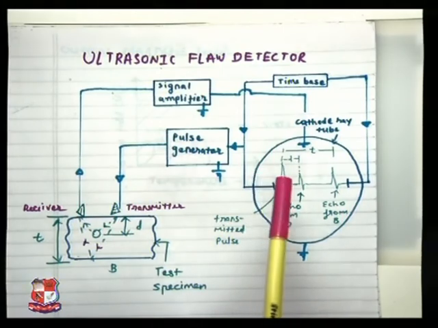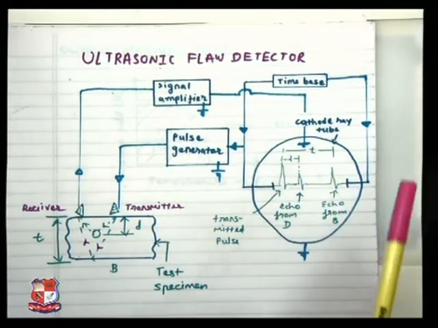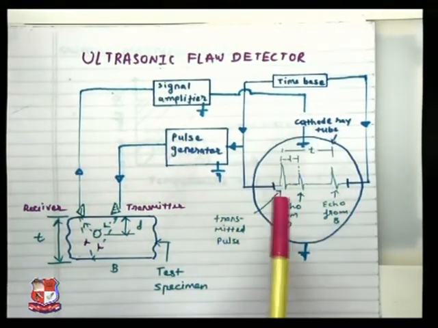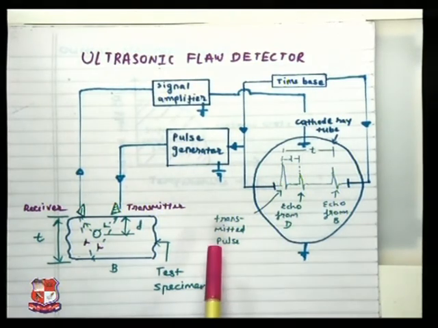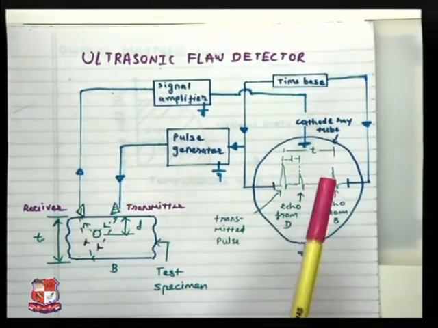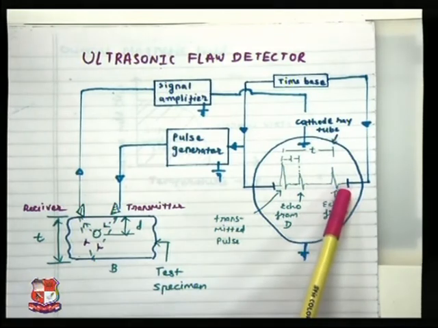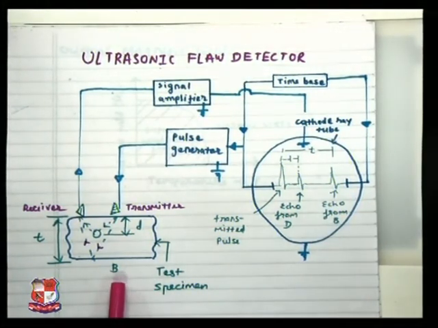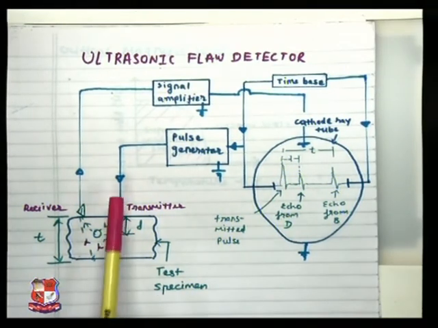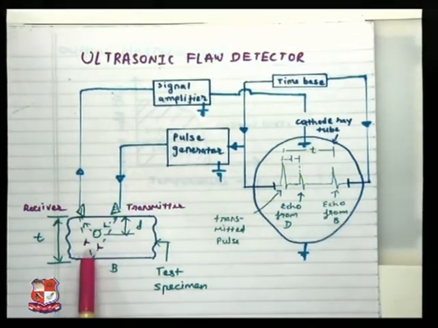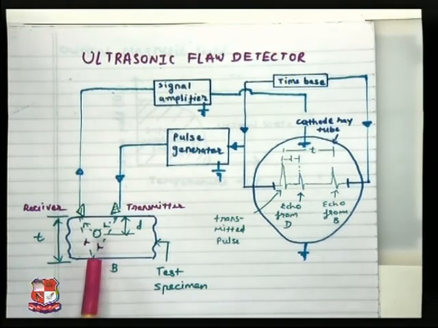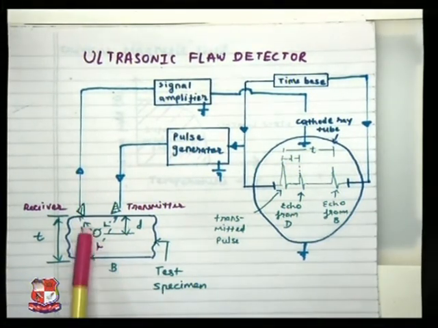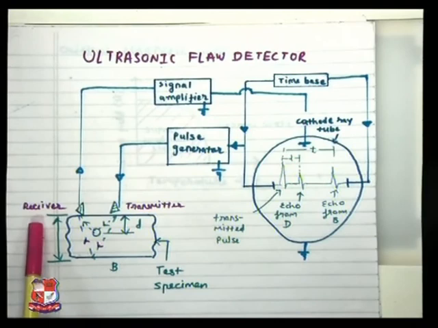You can see here the pulses on the CRT screen, cathode ray tube. The first pulse is the transmitted pulse. The second pulse is the echo from B, that is bottom. When ultrasonic waves pass through, they reflect from the bottom B and are received by the receiver.